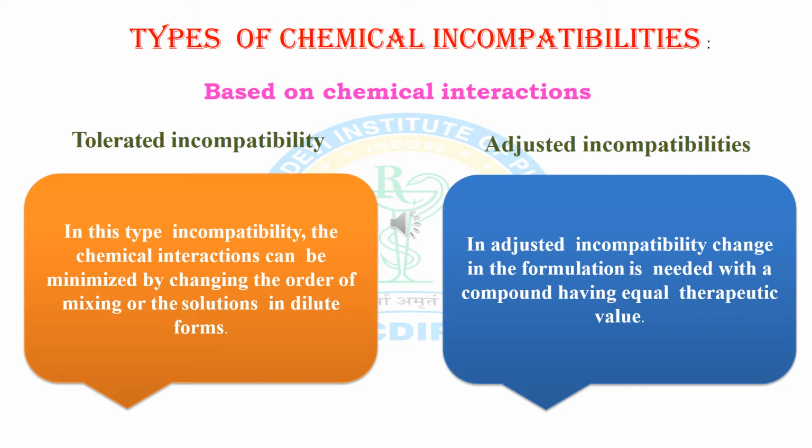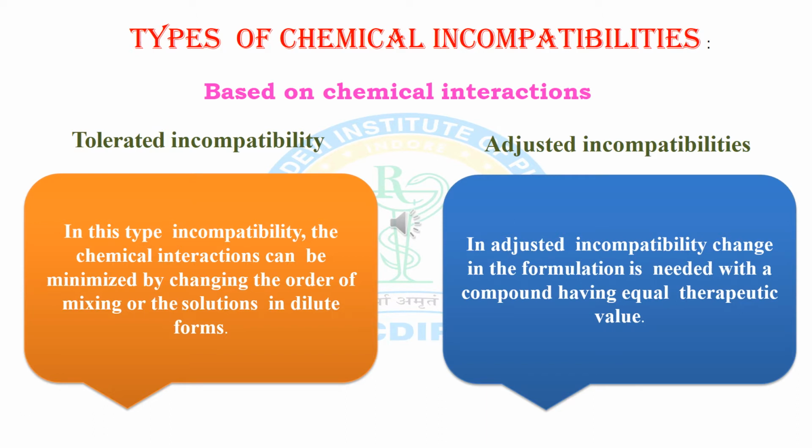Next is adjusted incompatibilities. In adjusted incompatibilities, a change in the formulation is needed with a compound having equal therapeutic value. This type of incompatibility can be adjusted by adding or substituting another ingredient or drug which has equal therapeutic value.